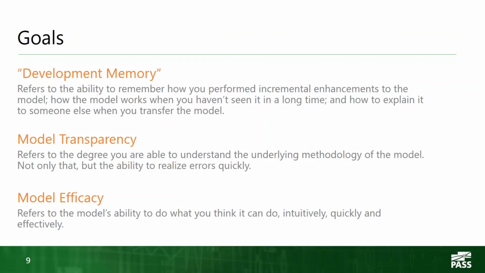The reason you want developmental memory is not just if you have to pass it off to someone else, and we all know that we receive work from someone else or have to pass it off, but there's another person you might pass it off to, and that's you. 6 months to a year from now, or maybe even 2 or 3 years, you're going to look at it and say, what the heck did I do? So encoding developmental memory, programming or treating your spreadsheet in a way that encodes what you've done, is very useful when you have to come back to it.